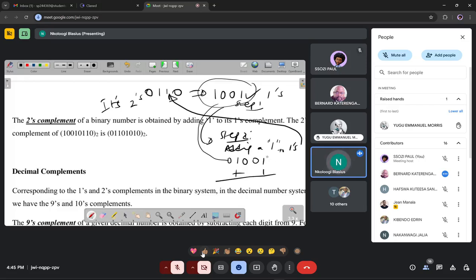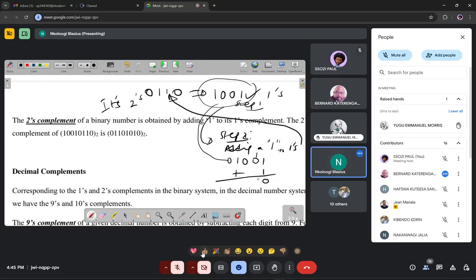So are you able to compute this now? Can you say 1 plus 1? You said it's 2, and then you put a 0. Nice. And you carry 1.